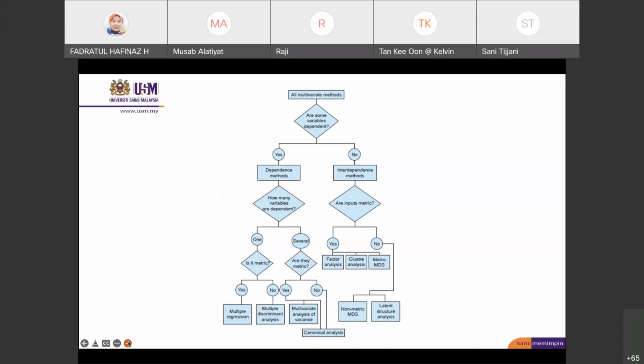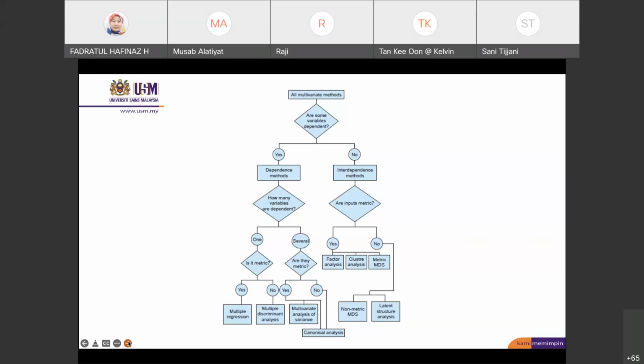So this is like a flow chart showing when we can use each type of multivariate analysis technique in research methodology, right? Multivariate analysis techniques can conveniently be classified into two broad categories: dependence methods and interdependence methods. This classification depends upon your question: are some of the involved variables dependent upon others?